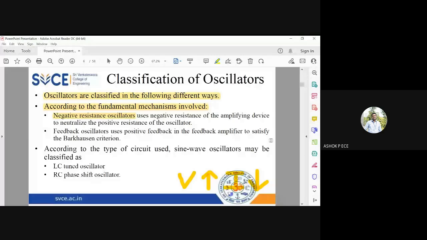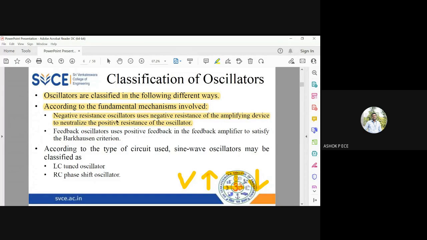Any instability which is going to be caused to the device in the negative resistance region will generate oscillations in the device. So one way of generating oscillation is using the negative resistance property of your semiconductor device.